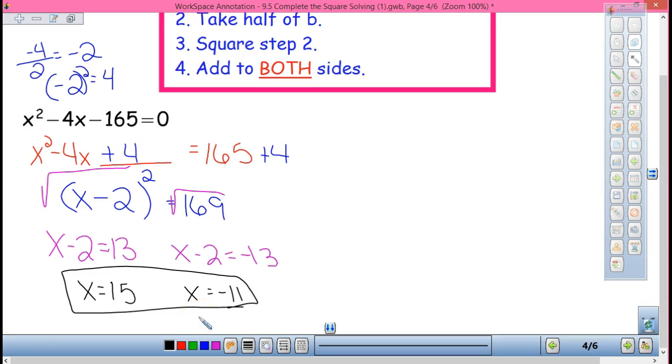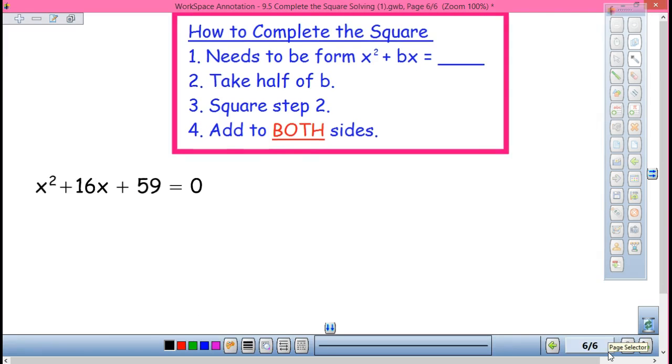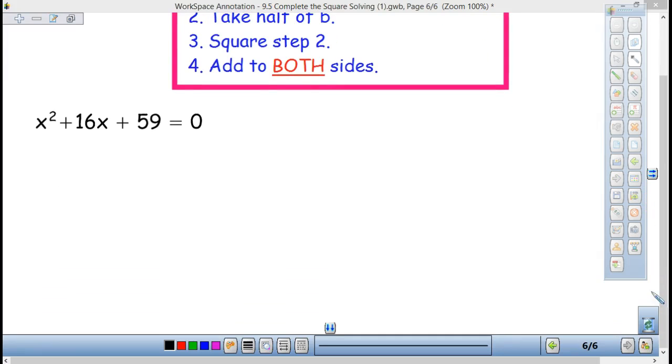Where are our questions so far? Is it starting to come a little bit now that we've done a couple of them? It's not as bad? Alright, flip to the last problem. Everybody do the first step.